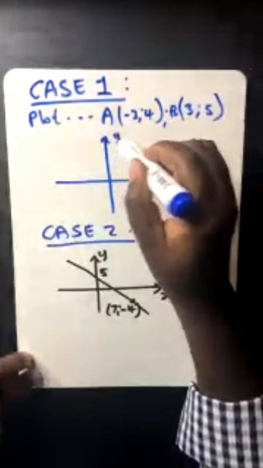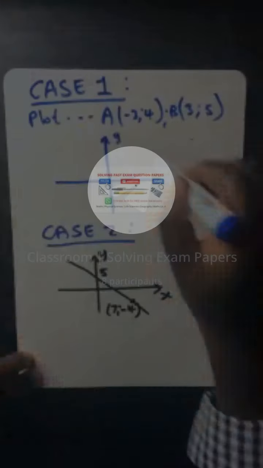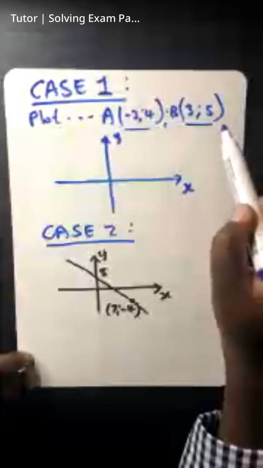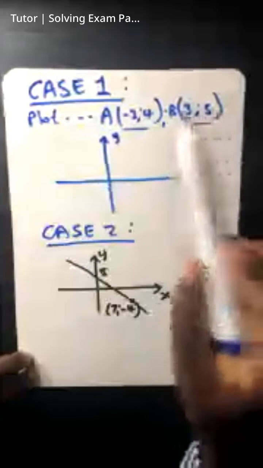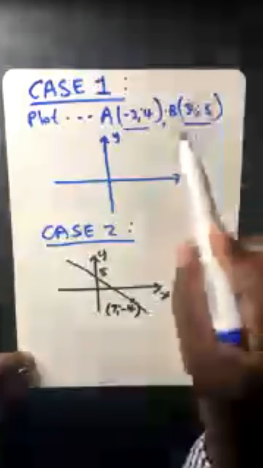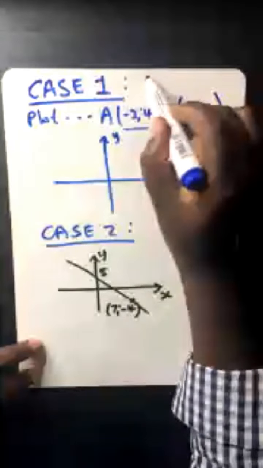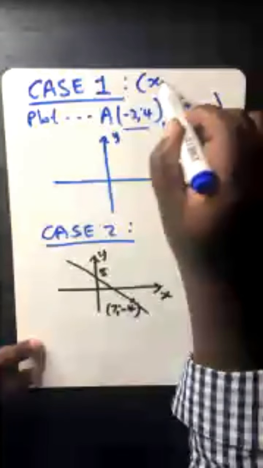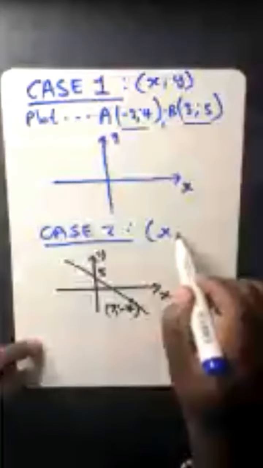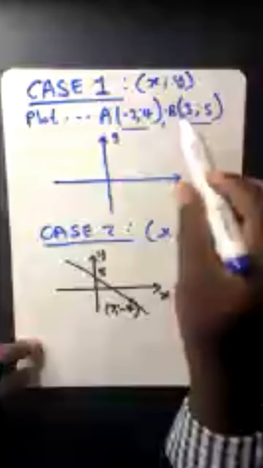So when you plot, you firstly need to do your Cartesian plane. So you've got Y, you've got X. You firstly make dots. Remember, always the coordinates, you have X followed by Y. So what is X?